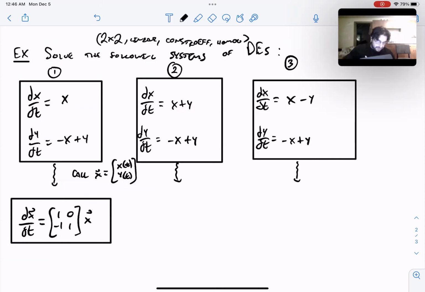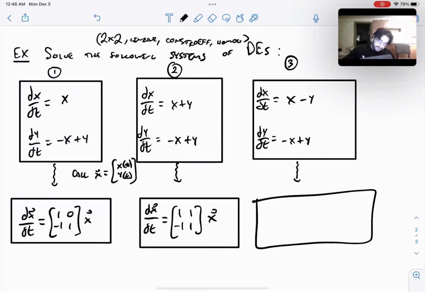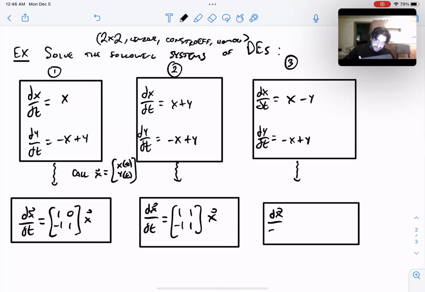This one becomes dx/dt equals [1, 1; -1, 1] x. And this one becomes dx/dt equals [1, -1; -1, 1] x. So that's just getting everything in matrix vector form.